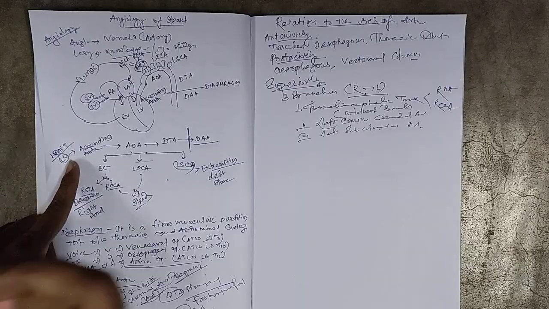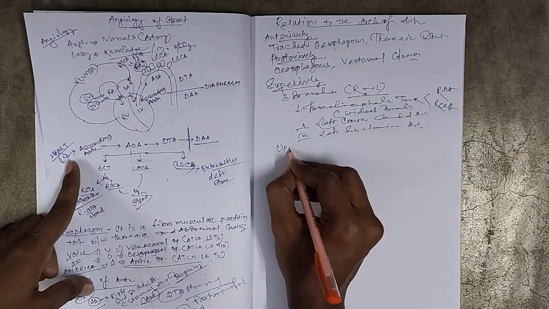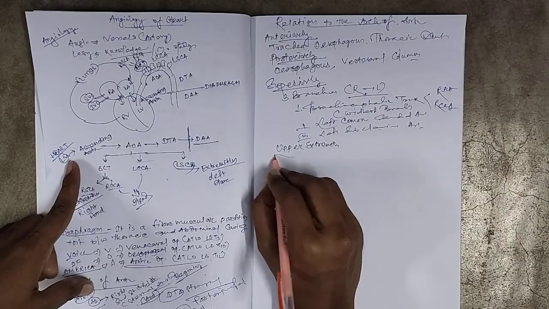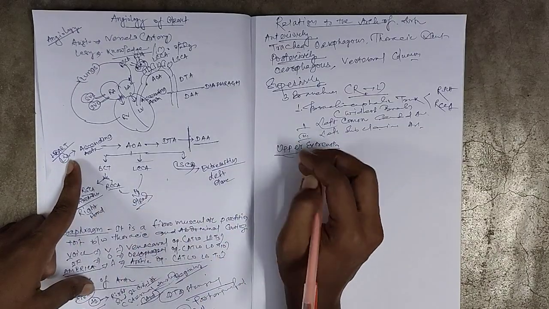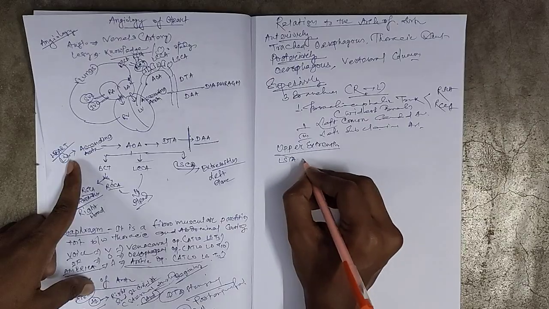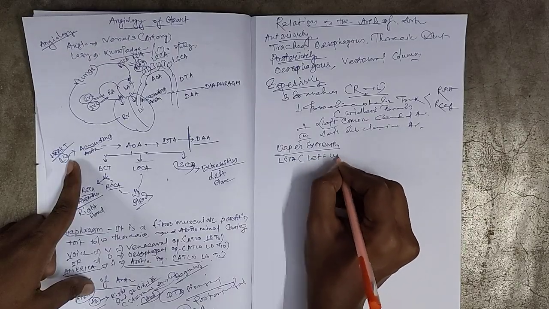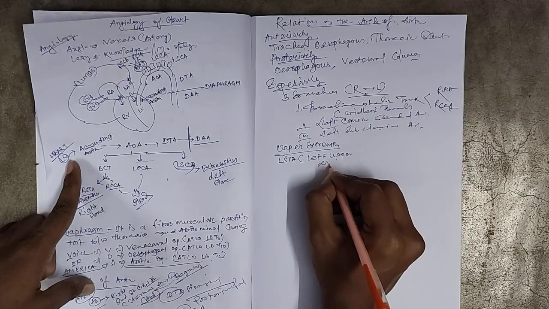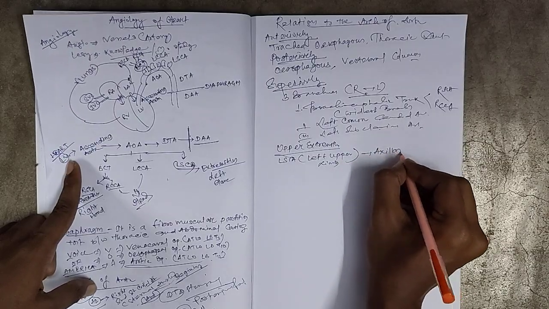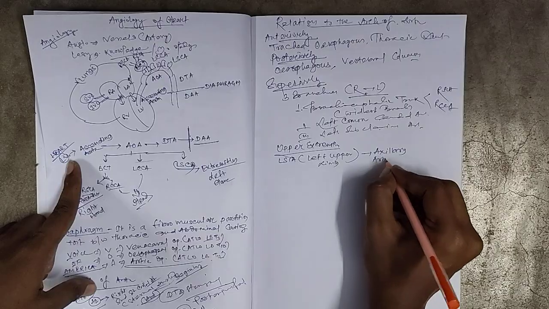Now, the upper extremity. How it supplies, we will see that. The left subclavian artery supplies the left upper limb as the axillary artery.